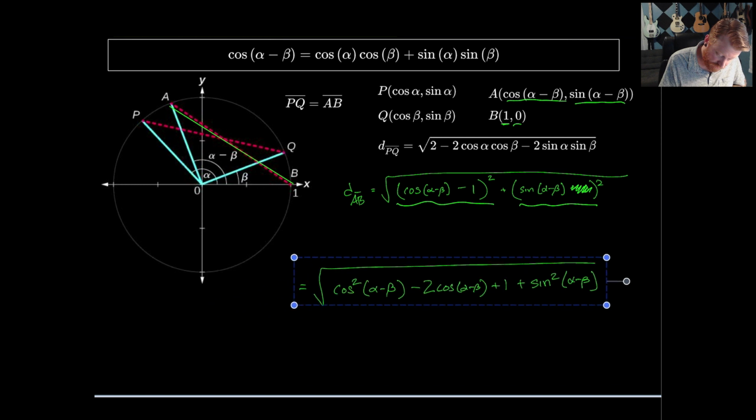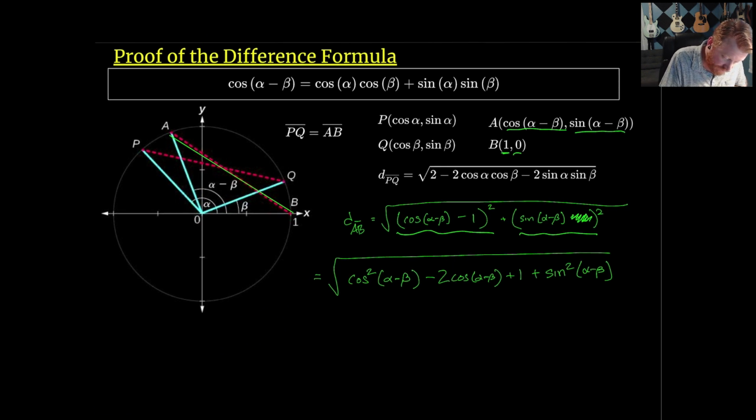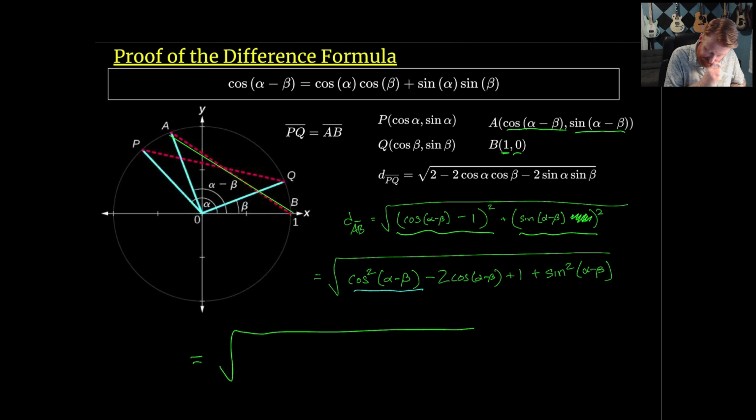So now if I'm looking for things to simplify in the radicand here, let me make this smaller and move it up out of the way. I'm seeing another Pythagorean identity in here. I am noticing that we have cosine squared alpha minus beta, the square is important, plus sine squared alpha minus beta. Those are just giving us 1.